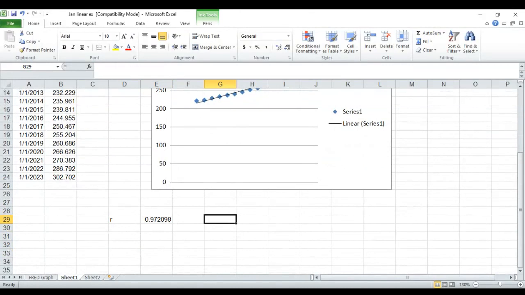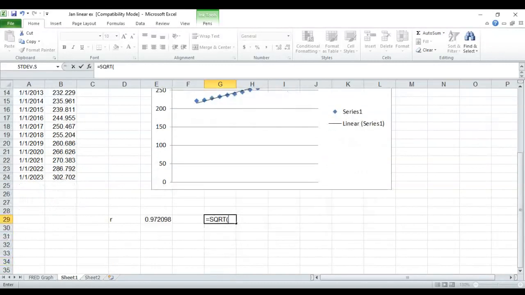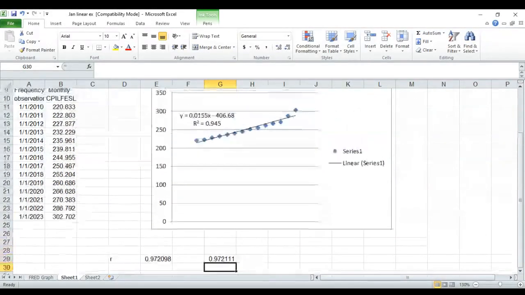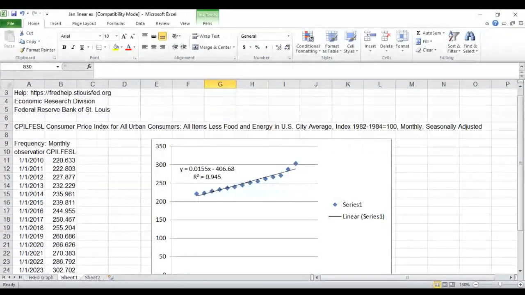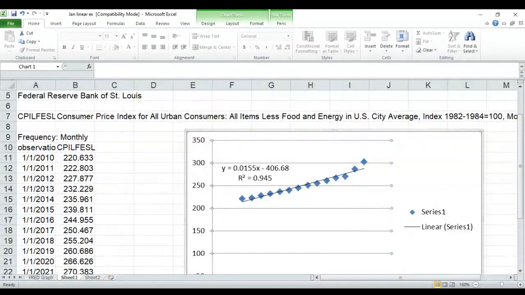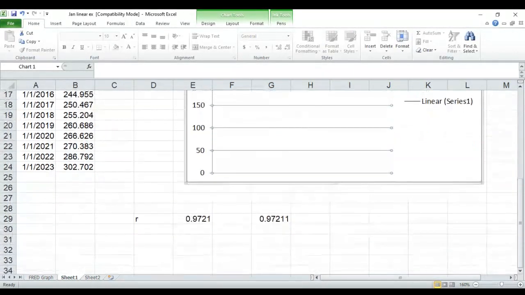Okay, we can also do it this way. We could say equals the square root, SQRT, of our r squared, which is 0.945. These should match pretty closely. They're not going to be exact because our r squared is only to 3 decimal places. If r squared was to more decimal places, then we would get those answers closer together. So either one you use is fine.